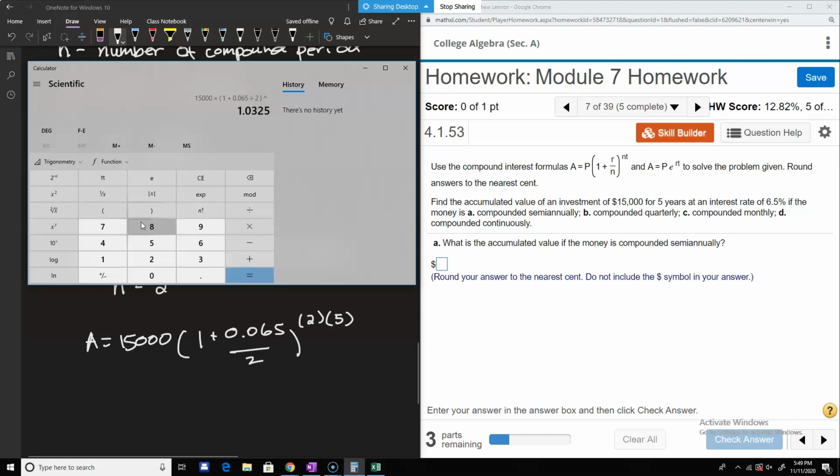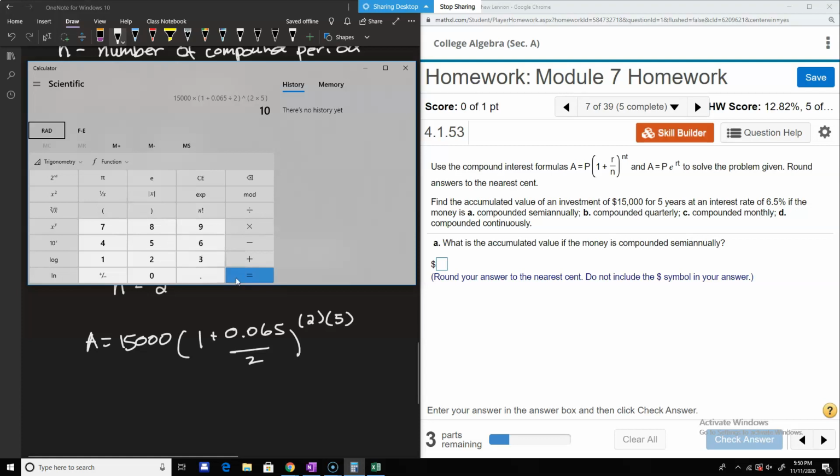If you don't, if you say just caret 2 times 5, your calculator will raise it to the second and then multiply the result by 5, rather than raising it to the 10th power. So I do need to include an extra set of parentheses here around the 2 times 5. Notice in the very top of that scientific calculator line, after the caret, I have parentheses around 2 times 5. So that's very important. If you don't include that, you might not get the right answer.